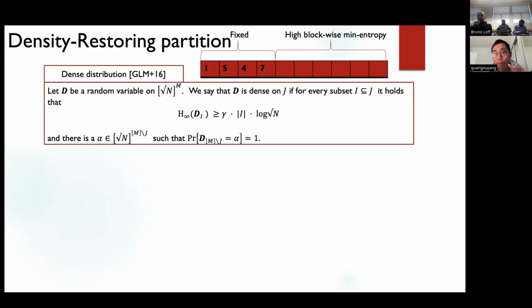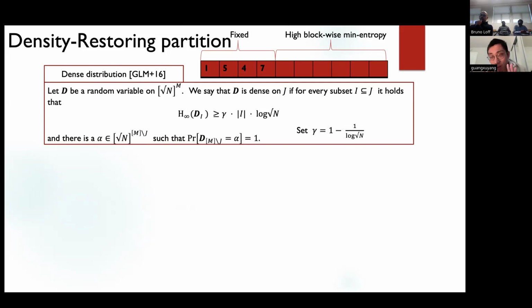So any question about this definition? Okay, I think this is an important definition in our proof. Okay, there is a different part. We say gamma is not a constant. In additive combinatorics, they say gamma is equal to a constant, like 0.9.